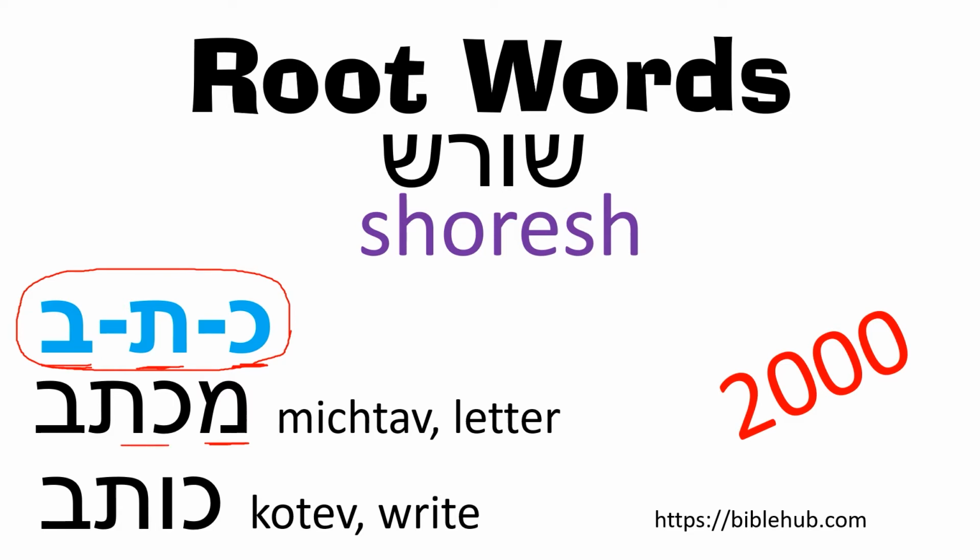We still have the same root word, katav, but we added the mem to make michtav. If we add a vav in the middle of the word, it becomes the verb, the action word, he writes, or kotev. And there are about 2,000 Hebrew root words that most of the Hebrew language is derived from.